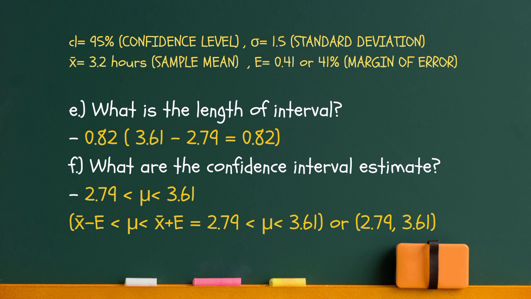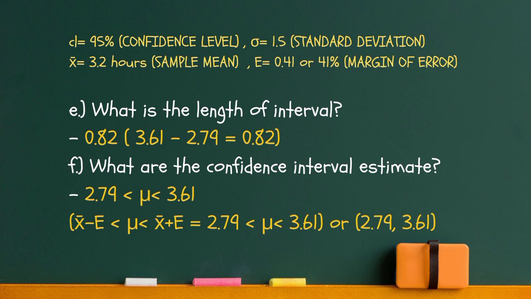F. What is the confidence interval estimate? The answer is 2.79 lies between 3.61, or in parentheses 2.79, 3.61. To get the confidence interval, we're going to use the formula for identifying the length of a confidence interval: sample mean minus margin of error lies between sample mean plus margin of error, and simply substitute the values.